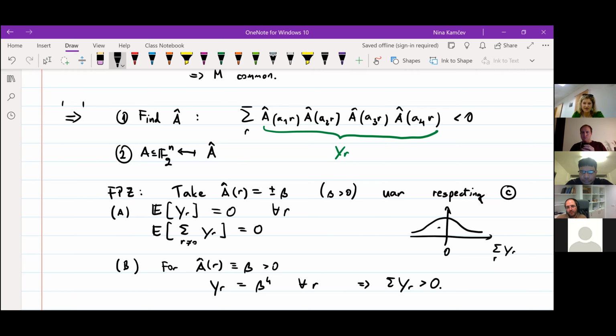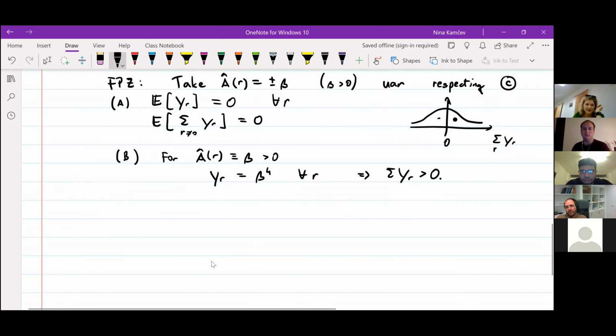So we found one positive point in this probability space. And then expectation just implies that there is also a negative point. So there is an A hat such that the sum is negative.